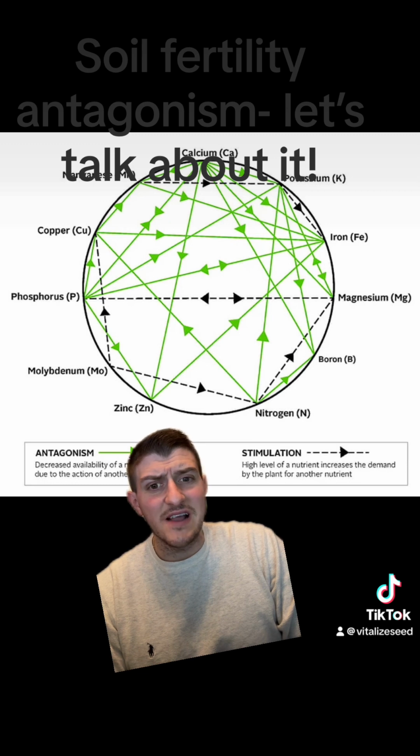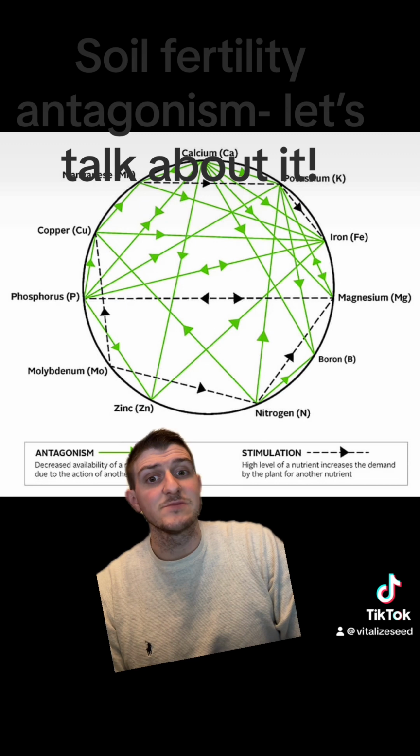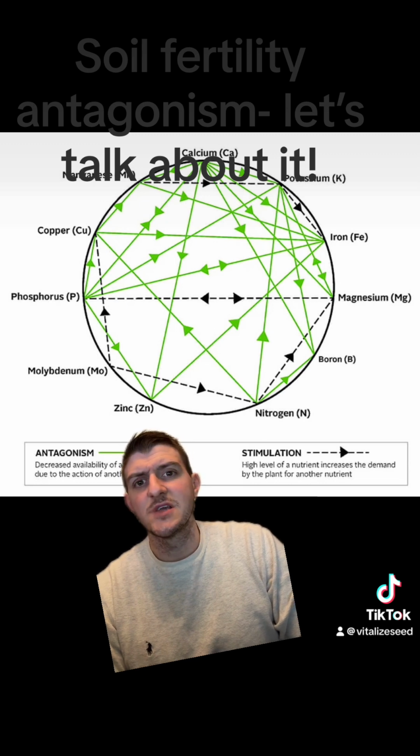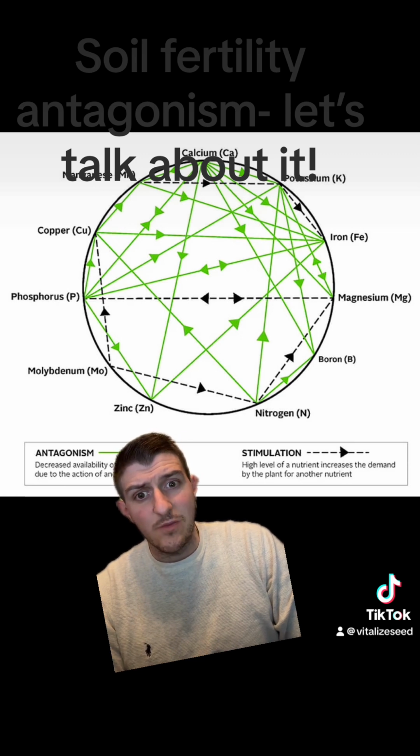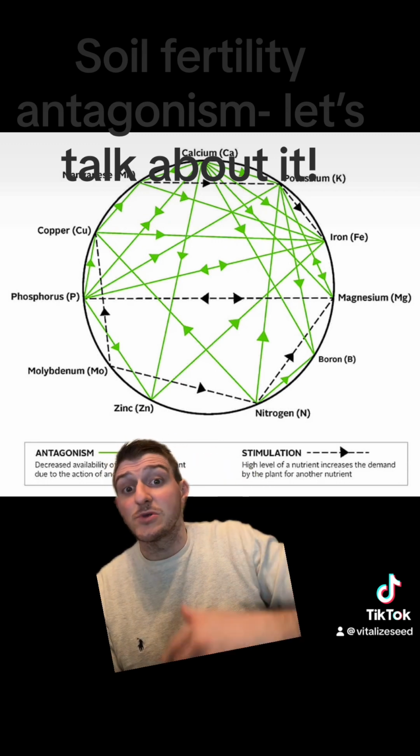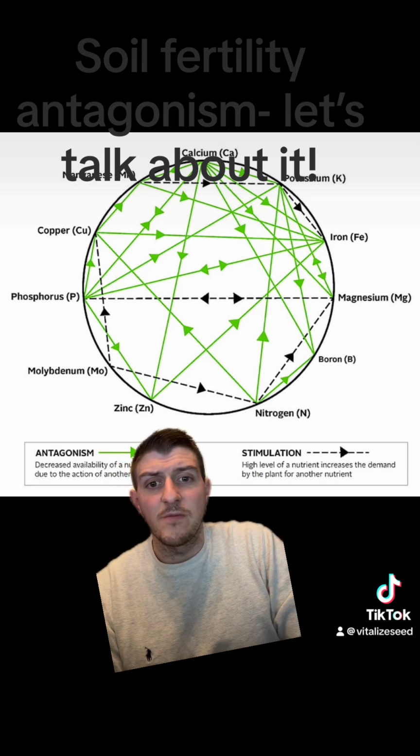Oftentimes it's not a toxicity issue, but we do want to make sure, let's say phosphorus for talking purposes, that maybe there's some more zinc there to help move some of that phosphorus into the plant. We might want to get another sample done to make sure that we're not getting stratification or uneven distribution of phosphorus in the soil profile. We also might want to use more diversity, and maximize fungal networks in the soil to help solubilize a lot of that phosphorus to get taken up, and so on and so forth.